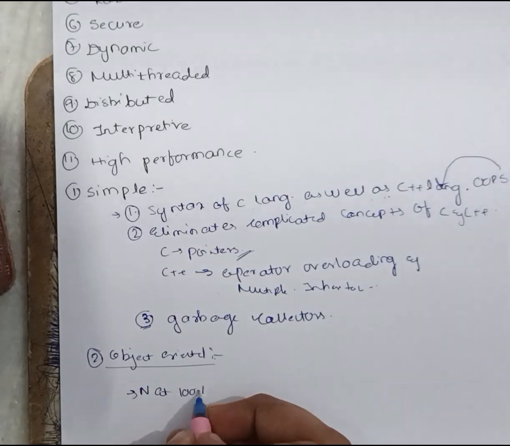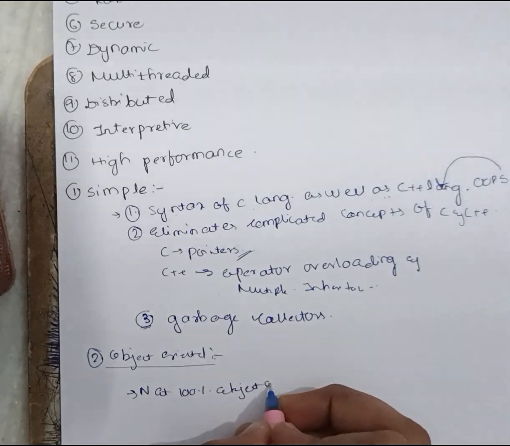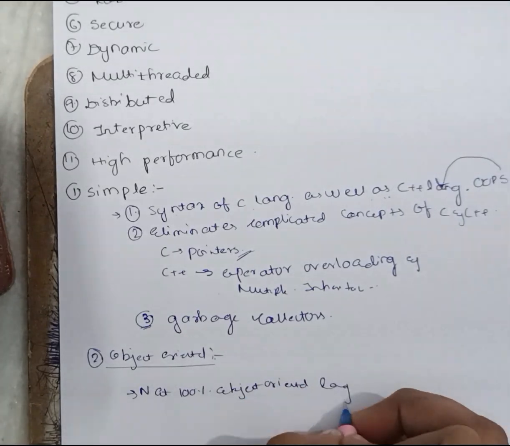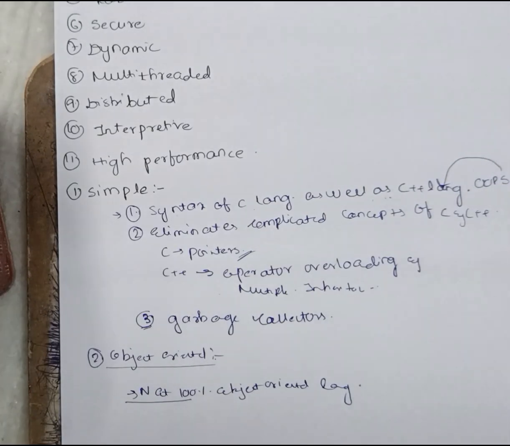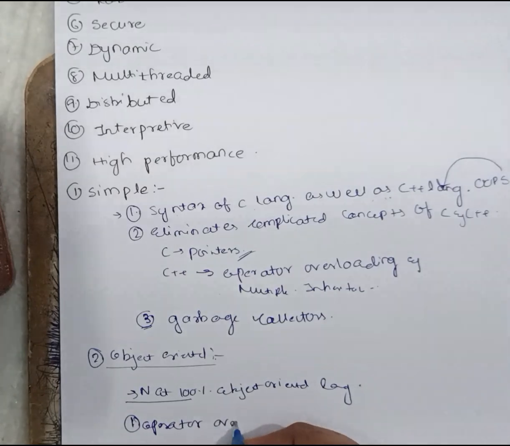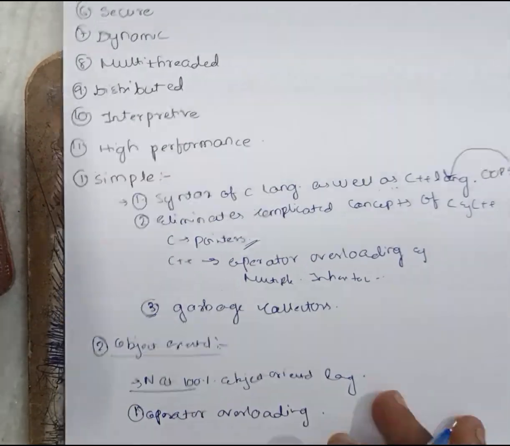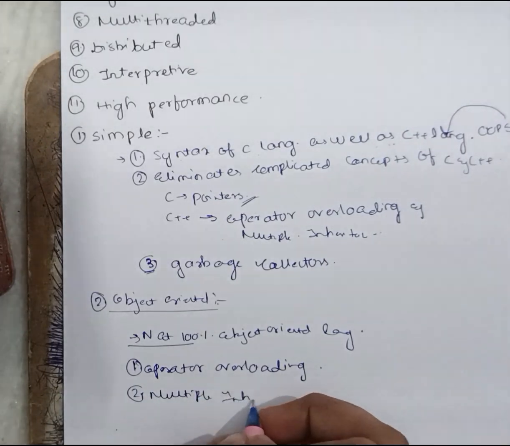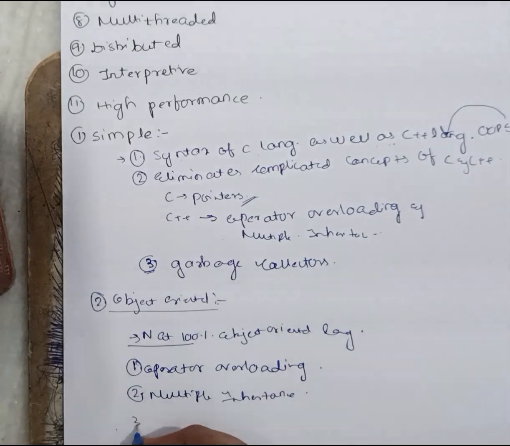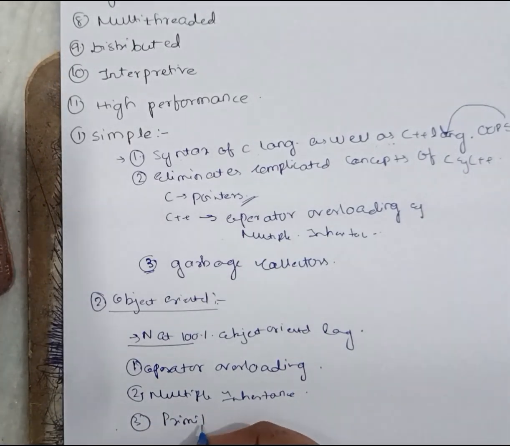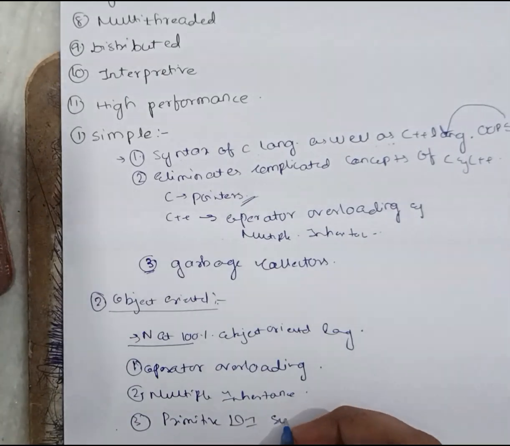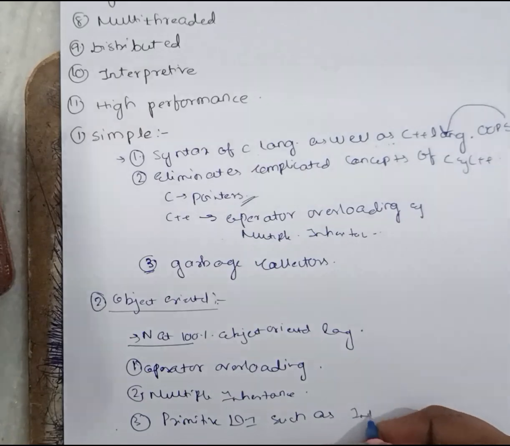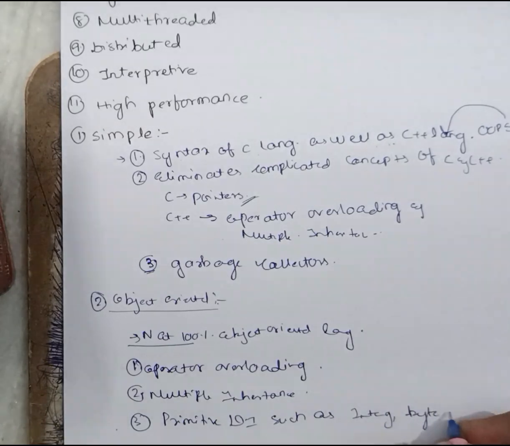It's a partially object oriented language because Java does not support object oriented concepts like, first one is operator overloading, the second one is multiple inheritance, and the third one is primitive data types such as integer, byte.